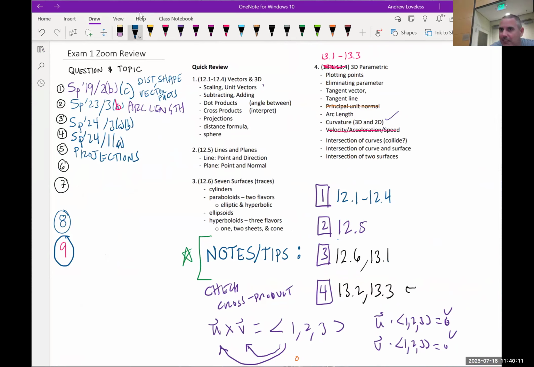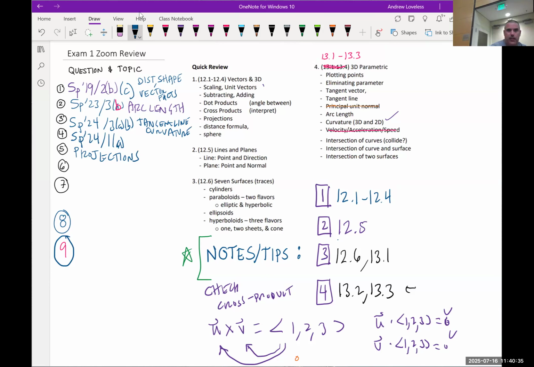Yep. So we did a tangent line, and then we did another curvature. This is just notes for me later, to help me get a snapshot of where we're at.